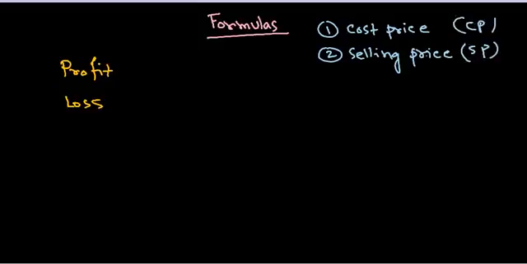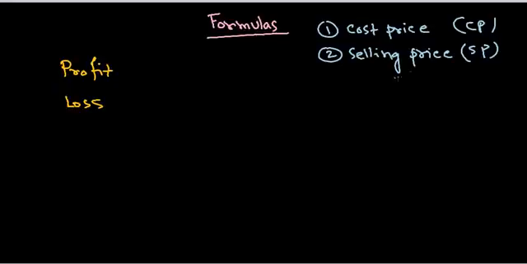These are the two important things using which we determine whether we get a profit or a loss. Let's say the cost price is 5 for an article, but the selling price is 7. So it's not a loss, it's a profit, because you're selling it at a higher price than the cost price.